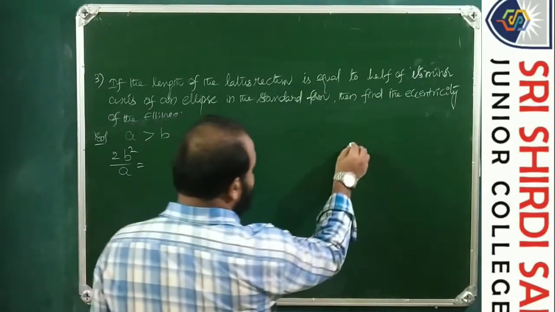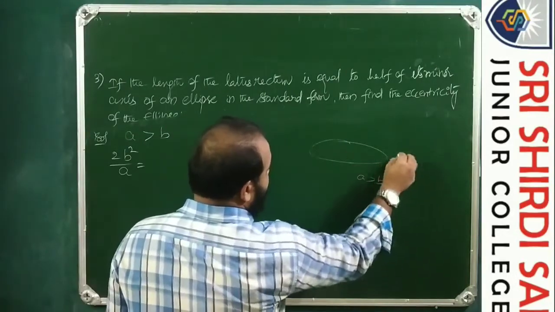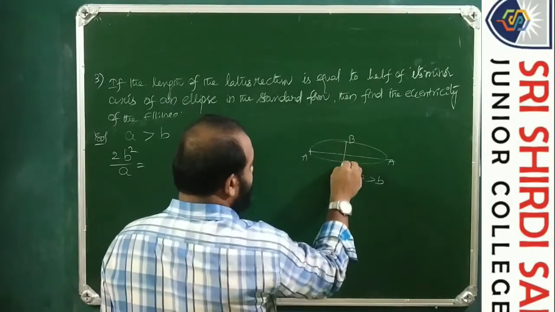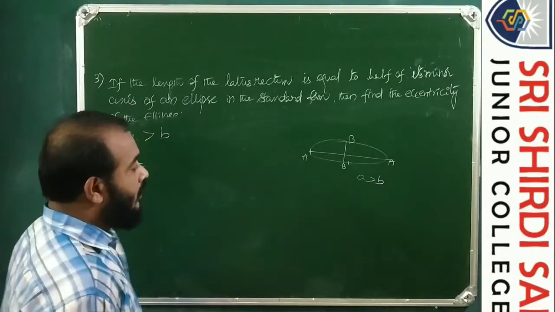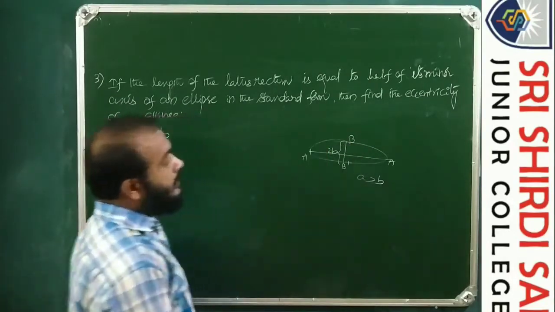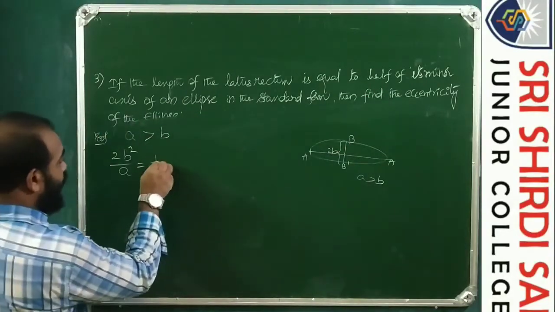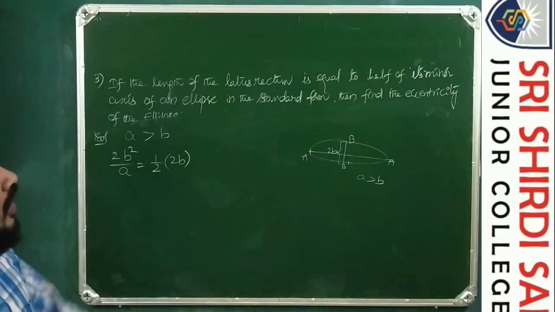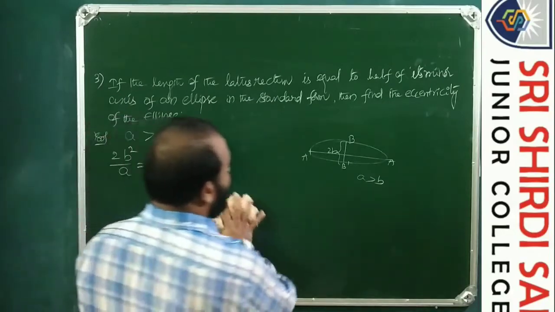For a greater than b, A dash is the major axis and B dash is the minor axis. The length of the minor axis is 2b, but half of its minor axis means 1 by 2 into 2b.